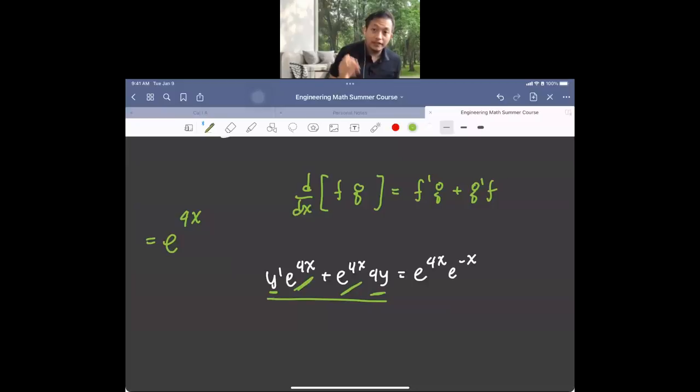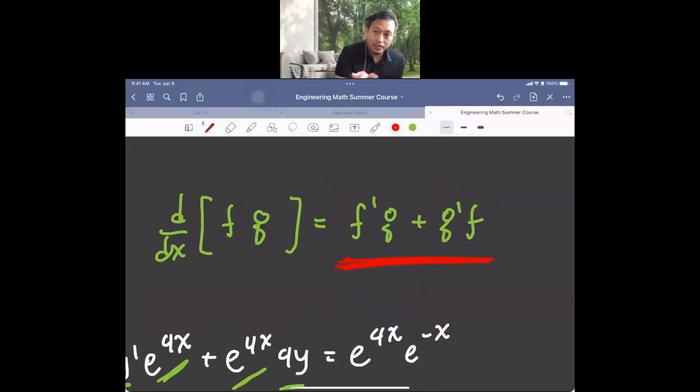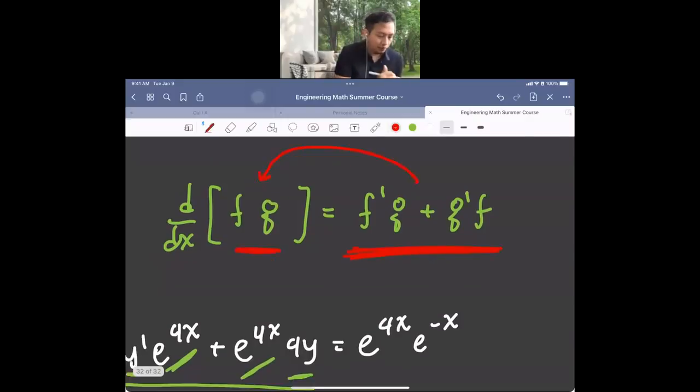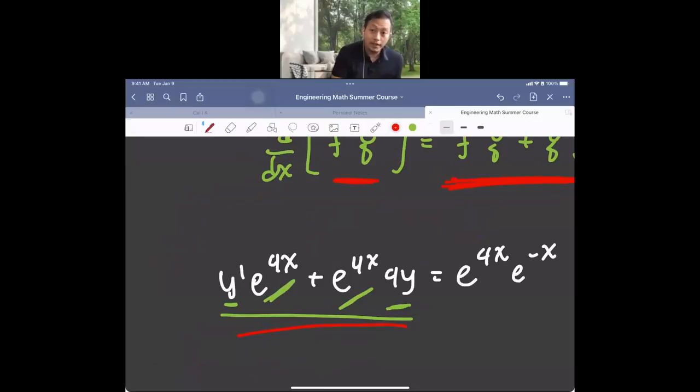Every time you have an integrating factor, you need to be able to combine, to think backward and make it into this f g. So we need to find which one is f, which one is g, that when we differentiate, it will make this structure.